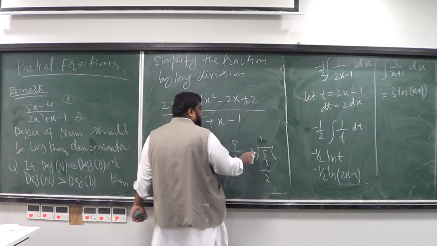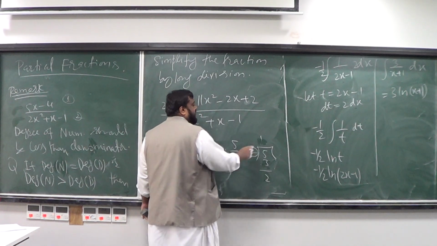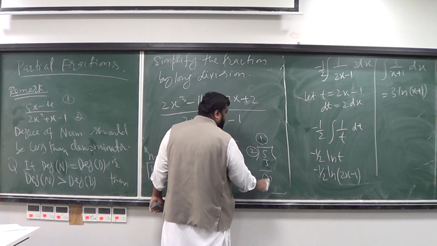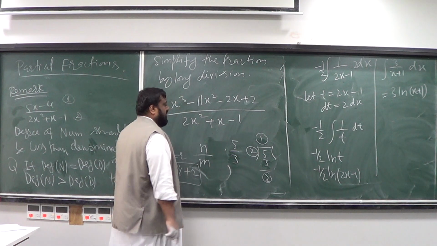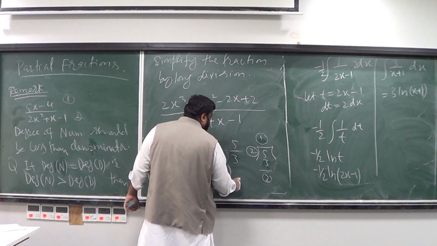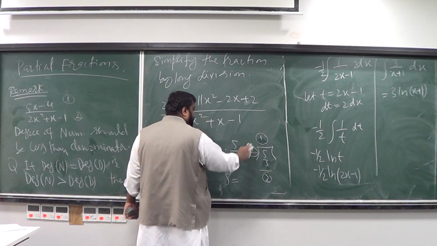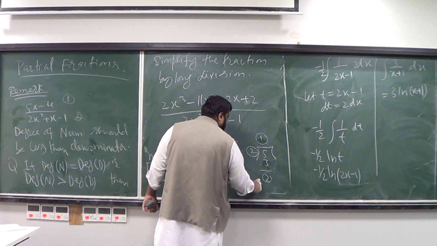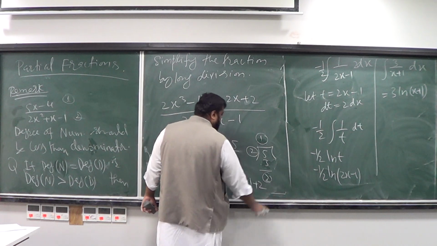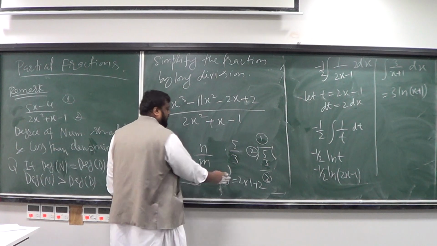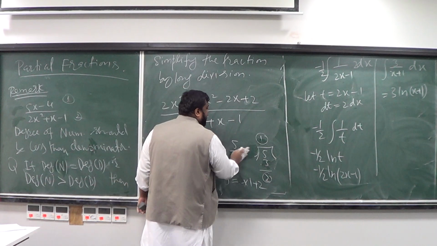So this is the divisor, this is the quotient, and this is the remainder. Now 5 can be written as divisor multiplied by quotient plus remainder. Should be 3.